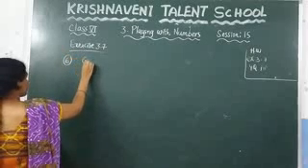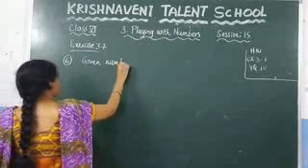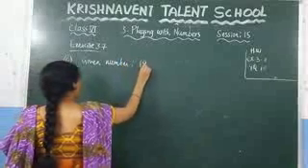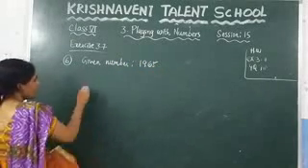Sixth question. What is the given number here? 1965. So here they ask what is the number to be subtracted.